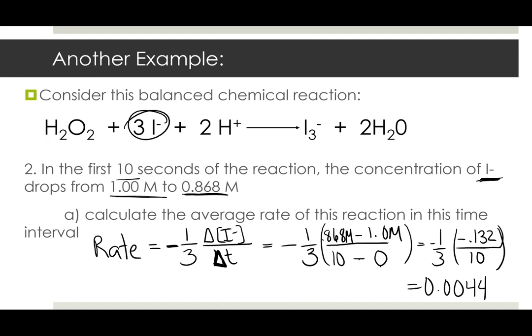What are the units? Okay, I got a little sloppy on my units over here. So we've got molarity on top. We've got seconds on the bottom. So the units for this guy is M/s. Or sometimes what your textbook does, when you've got something on the bottom of a fraction, that's the same thing as saying whatever it is to the -1.